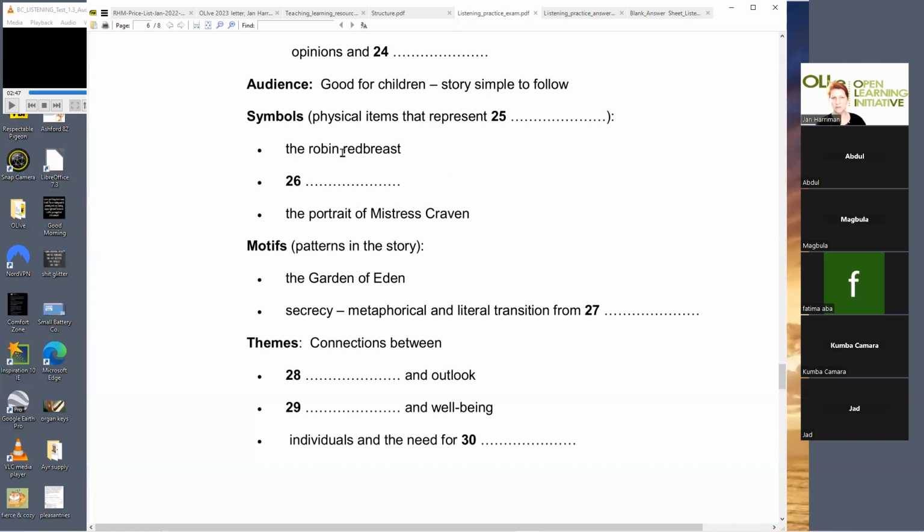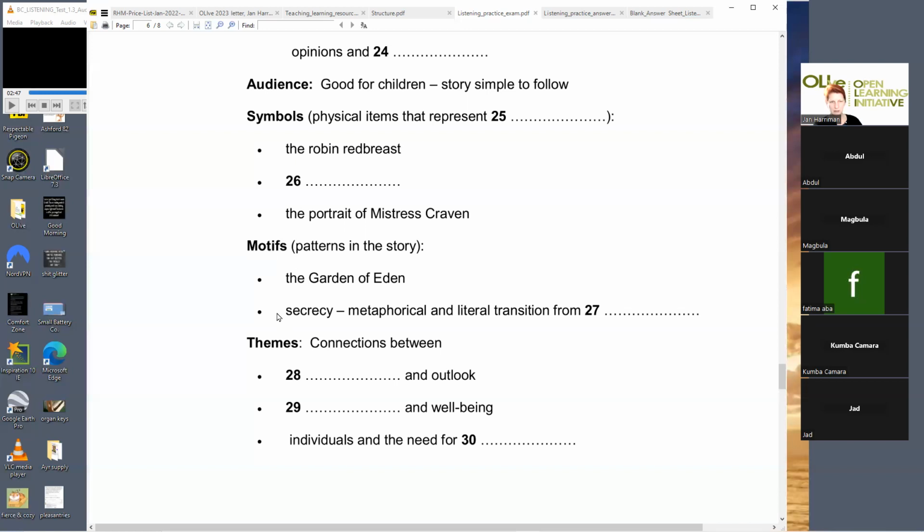So we've got 2 of the symbols there. So we're listening for the middle one. Okay, the one that's missing. Good job. Motifs are patterns in the story. Okay, we've got 2 motifs. So the structure of this really gives us a lot of information about what we're listening for.